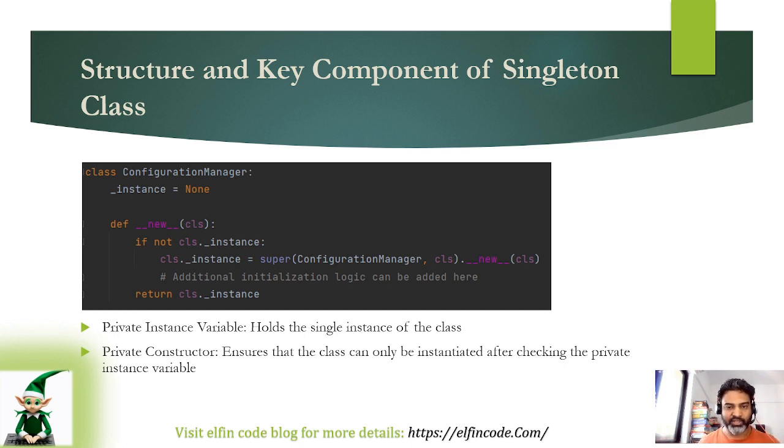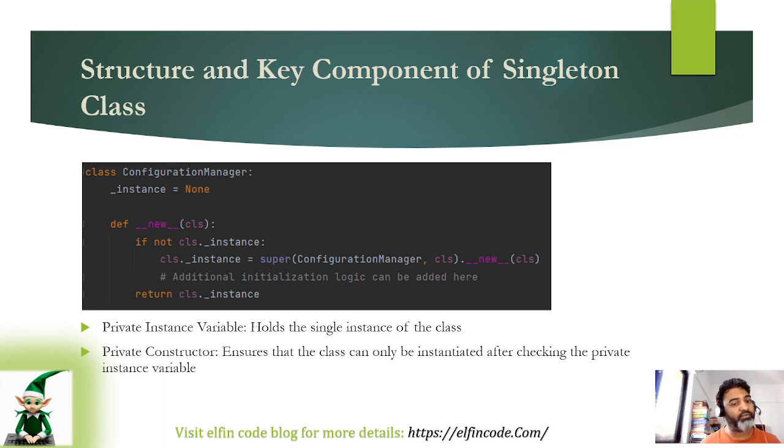I'll explain this when we see the practical, but just consider these are the two components of the singleton design pattern. One is your private variable, and the second one is the constructor, which checks if there is any existing instance available for this particular ConfigurationManager class.